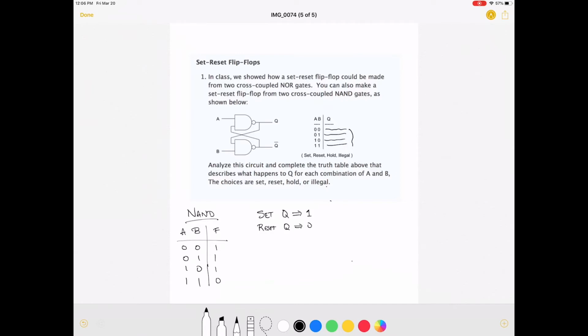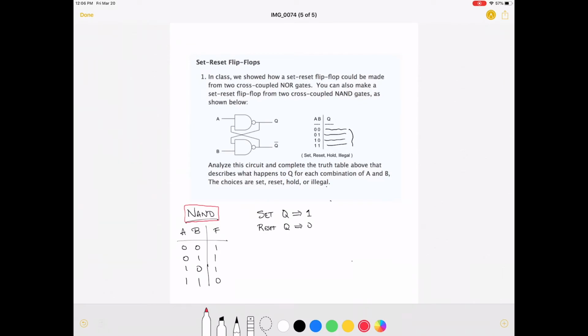And down here, I also drew the truth table for a NAND gate. Let's mark that in red. This is just so we will be able to reference it while we are working on the problem. And I also wrote down what set does and reset does. Set will make Q a 1, and reset will make Q a 0.